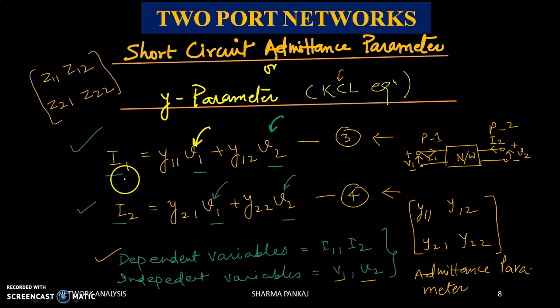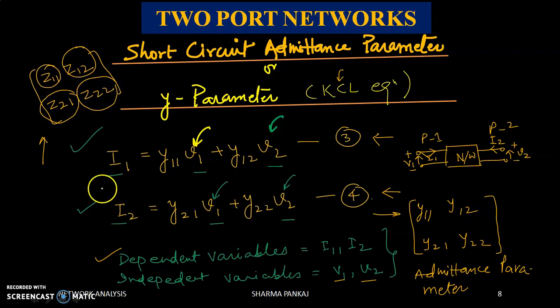Now to determine this Y parameter, what do we have to do? We have to do the same analysis as we have done to determine the value of the Z or impedance parameter. See what we have done to determine the value of Z11, likewise Z12, Z21, and similarly Z22 was determined in a similar fashion.